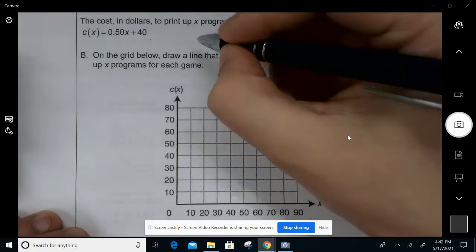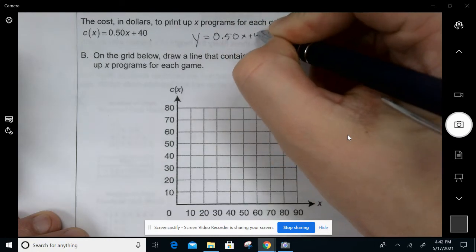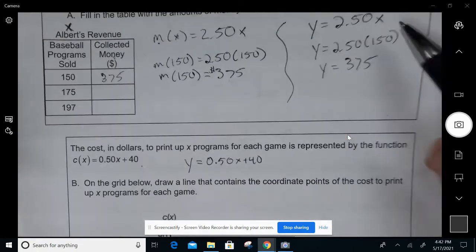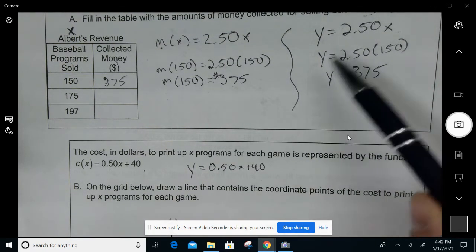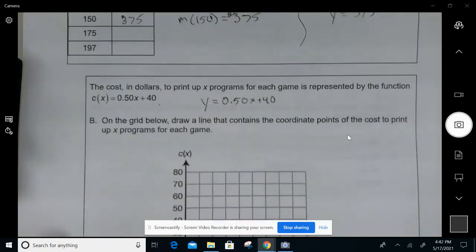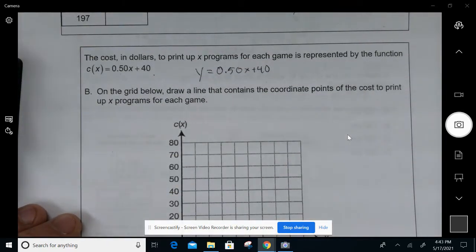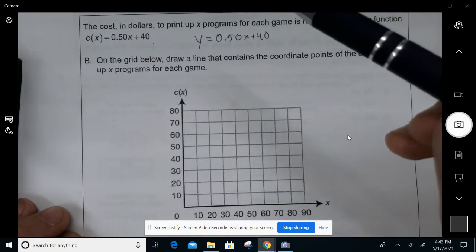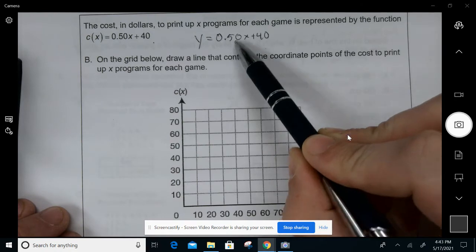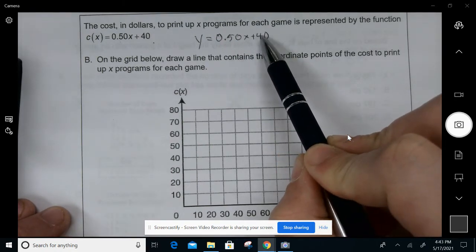So again, if you need to put y, the only reason it gets confusing is you're going to have to compare these two on the next page. And if they're both y equals, that might confuse you. That's why we have names, and I'll show you that in a second. But you can change it to y for now because this is a constant or consistent growth, a rate of change and a starting value, a y-intercept.